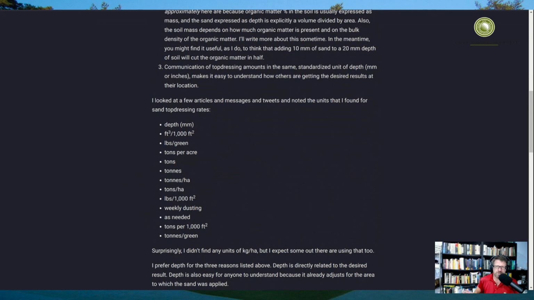Now, I don't just mean spreading the sand on top of the turf as a depth. Even if you're doing core aerification or solid tine aerification and filling those holes with sand, I still find it useful to express the sand as a depth for these same reasons of consistent communication.